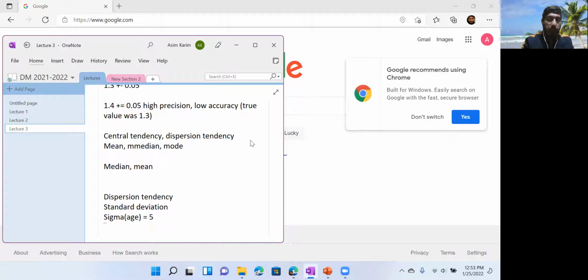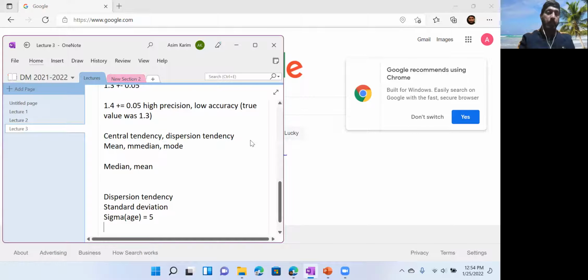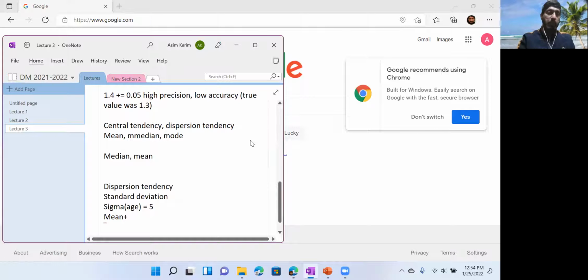Of course, it would relate to the distribution, but in rough terms, it means that the majority or vast majority of your ages would lie across the mean plus 5 and minus 5. So mean plus minus 5.